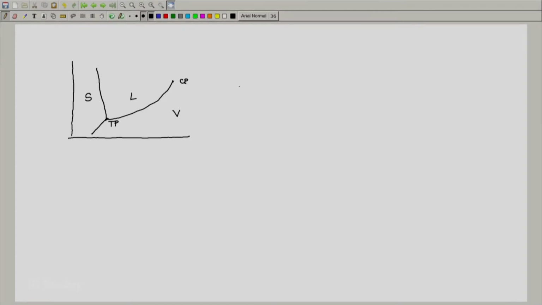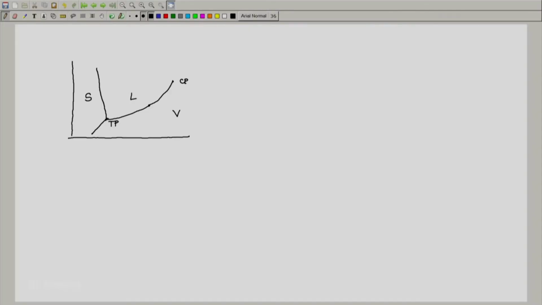Let us see where thermodynamics comes into this. Let us consider a point on the liquid vapor saturation line. We know that it represents either the saturated liquid or dry saturated vapor or any state in between. What we are interested in is the slope of this line.